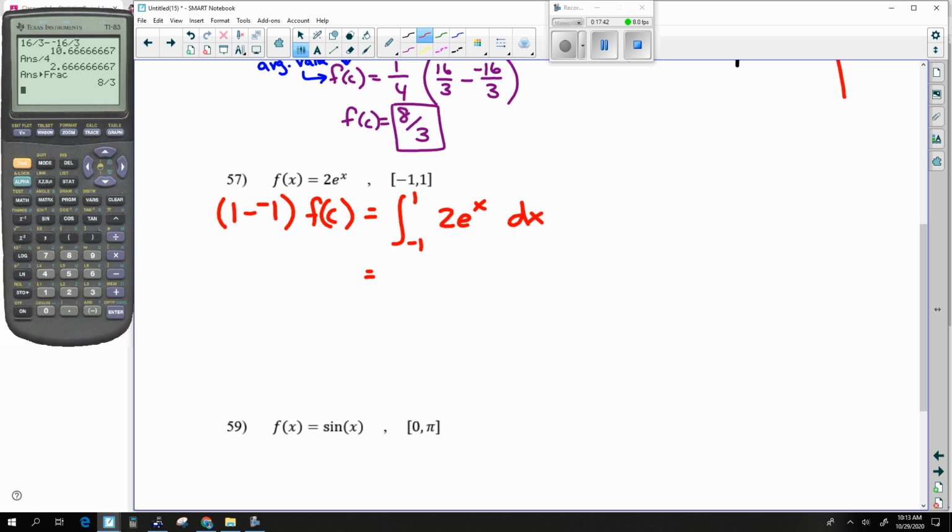That one's easy. Derivatives and integrals are the same in that case. So this is going to be 2 f of c is equal to 2e to the x. And this is going to be evaluated from negative 1 to 1. Now, here's a quick note that you can take constants out of this thing. So instead of putting the 2 and muddying the water, you can keep the 2 on the outside.